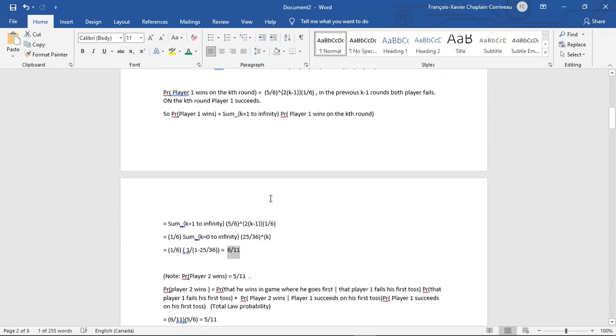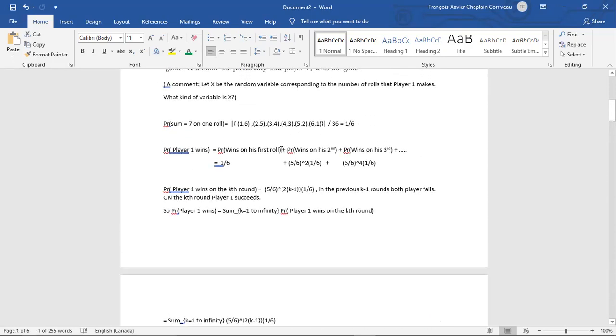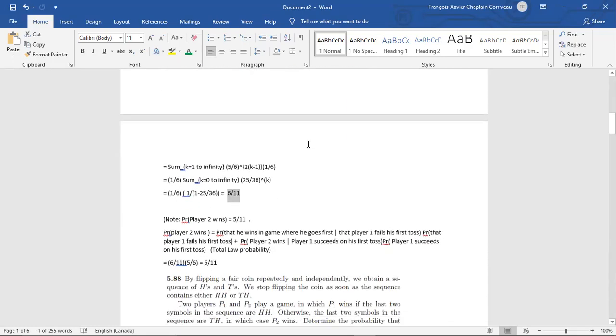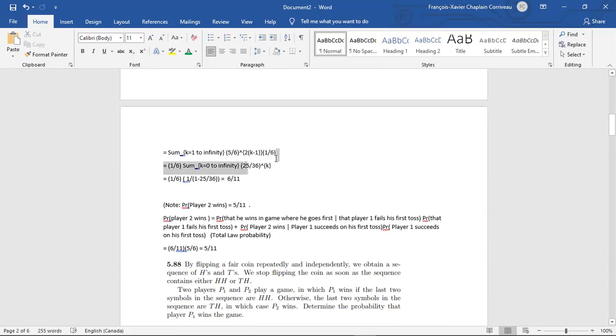So again, that's exactly the solution to a question like this. So the trick to get 25/36 is just powers and exponents properties, right? (5/6) to the 2 times K-1. Well, this is the same as (5 to the 6) to the 2 to the K-1.